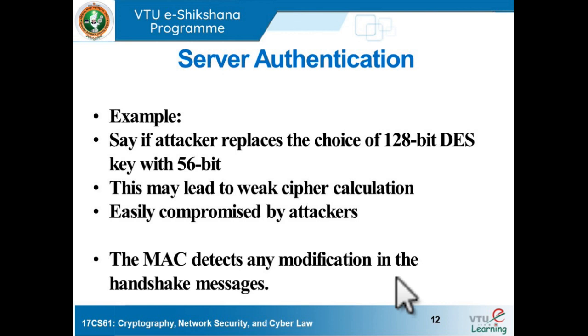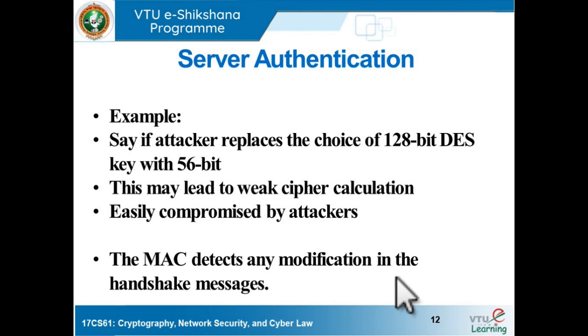For example, let's say an attacker, during the negotiation of the cipher suite, changes the choice of a 128-bit DES key to a 56-bit key. Obviously, if we are using a 128-bit DES key, the strength of the cipher will be very high. But the attacker has modified it to a 56-bit DES key.